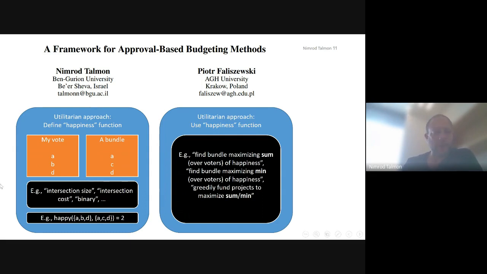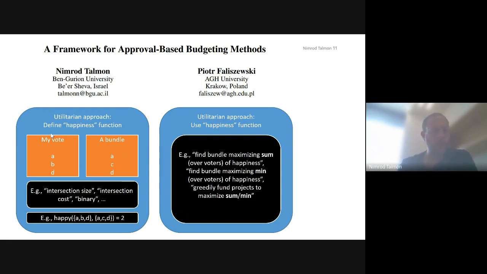So for example, if the cost of A was $5 and the cost of D was 20, then the satisfaction of this voter could be defined as 25. And this maybe makes sense because the utility of a voter maybe depends on the cost of the projects that the voter wanted and were funded.